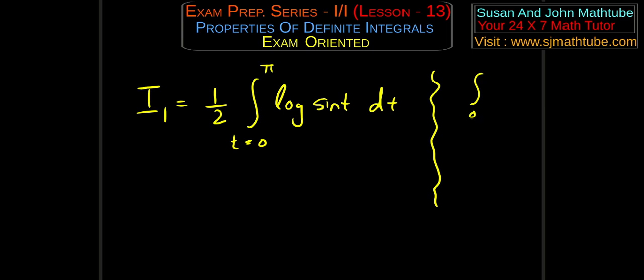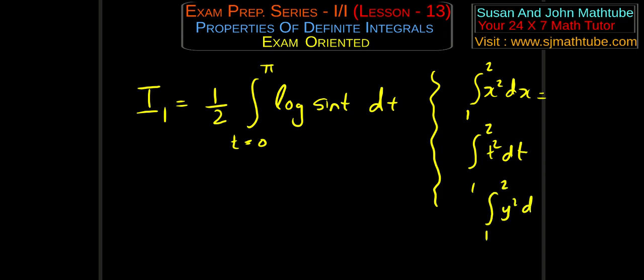And if you want to understand that property, you just evaluate integral 1 to 2 x square dx. And then you can evaluate integral 1 to 2 t square dt. And finally you can evaluate integral 1 to 2 y square dy.